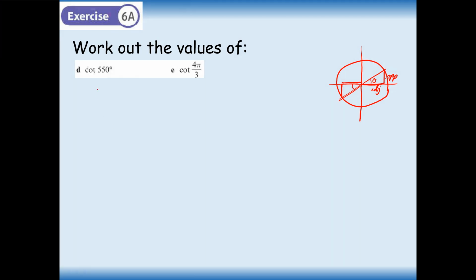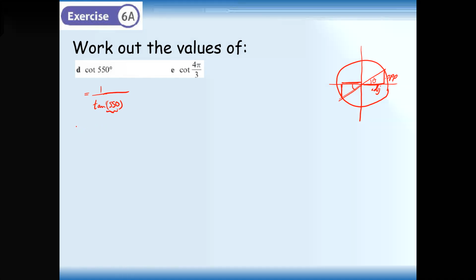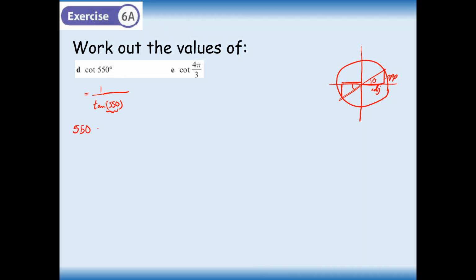So what do we do to answer cotangent of 550? That means simply 1 over tangent of 550. But we can reduce 550 by taking its modulus with every 180 degrees, right?